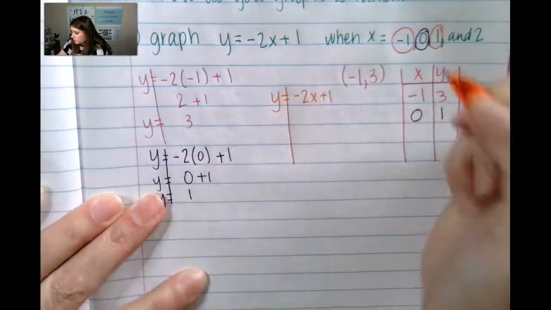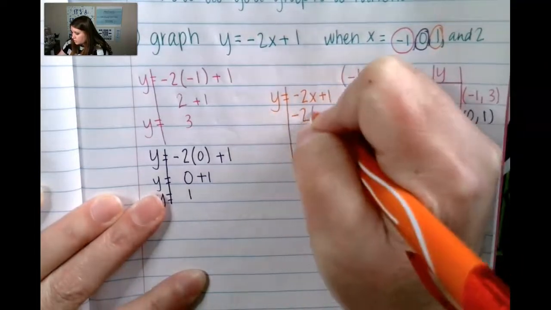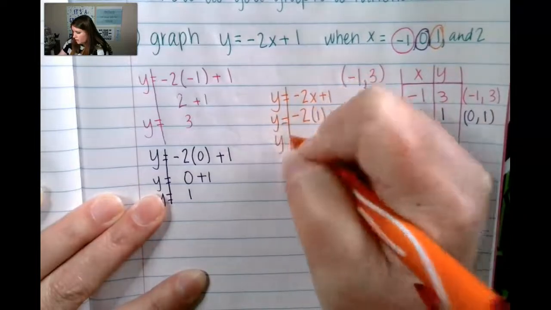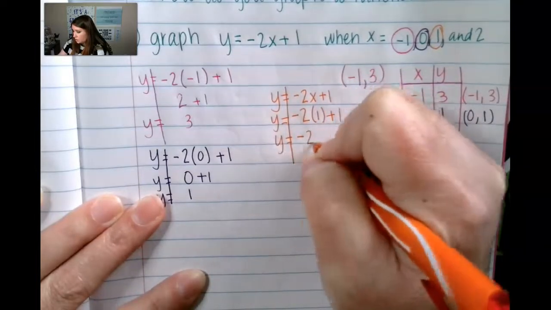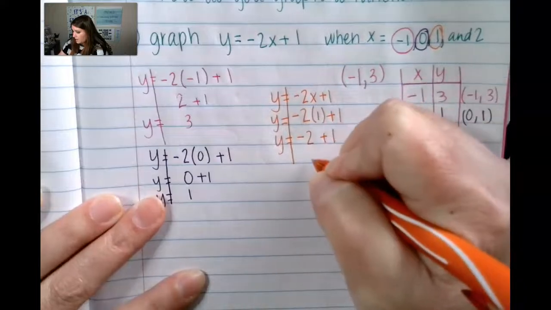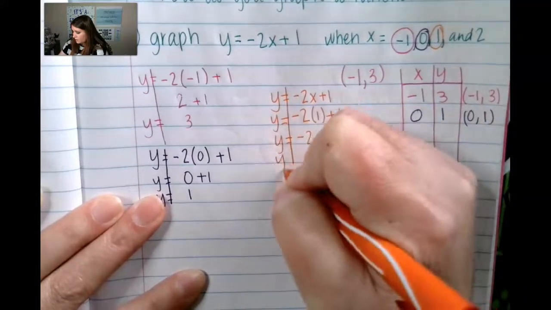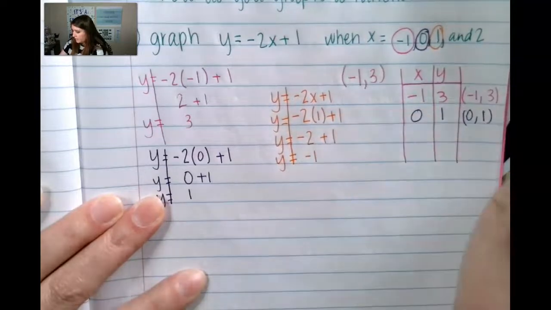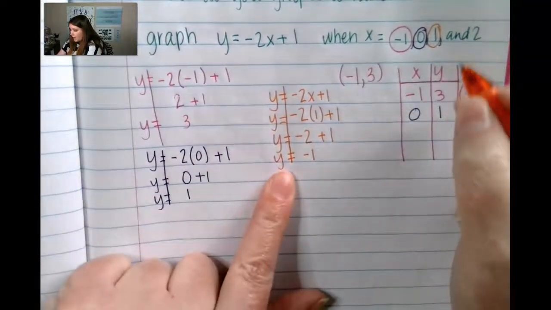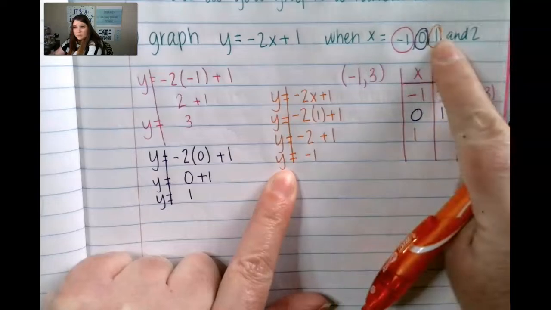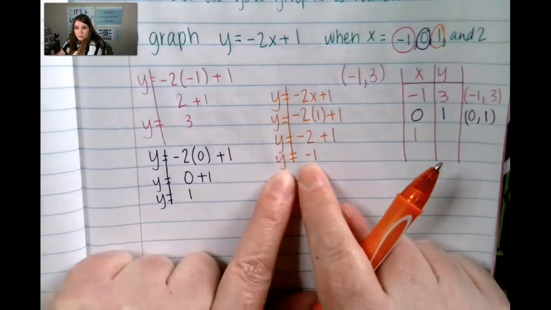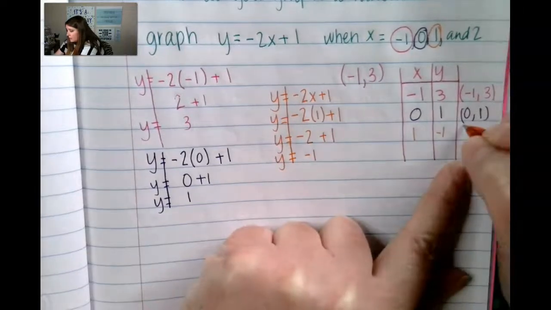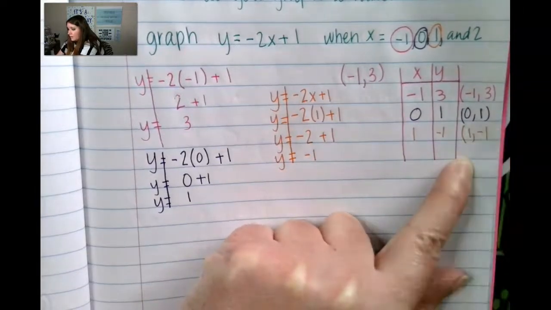I'm going to substitute for x with 1, so negative 2 times 1 plus 1. y equals negative 2 plus 1. I have negative 2, I add 1, so I have negative 1. So my input was 1, and my output, or my y value, is going to be negative 1. And my ordered pair is 1, negative 1.